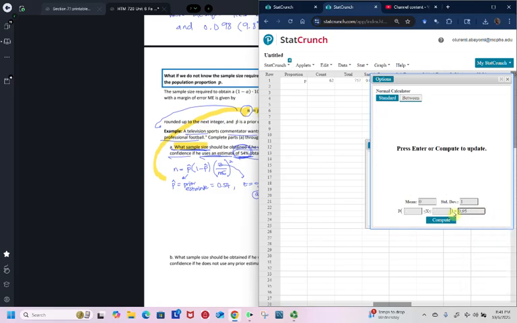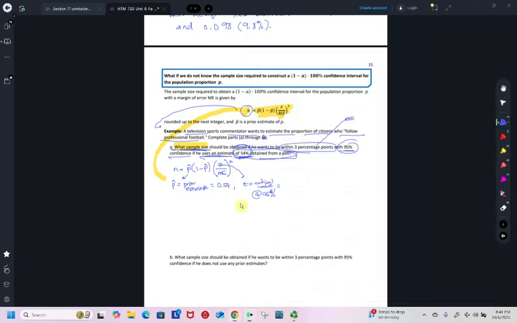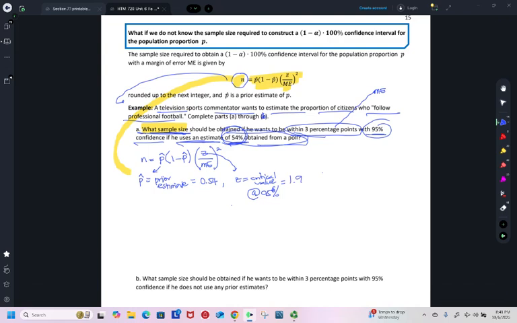That should give me 1.96. Okay, so my critical value here is 1.96, and the given margin of error is 3%, so that is 3 over 100 or 0.03.